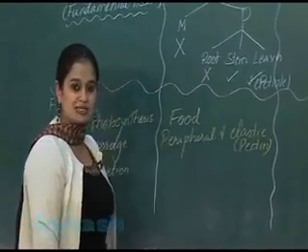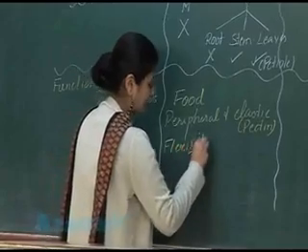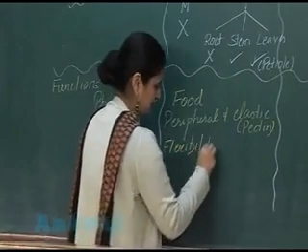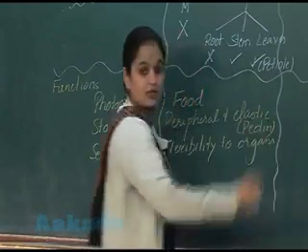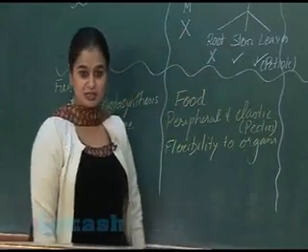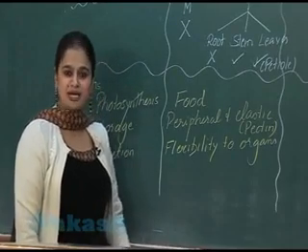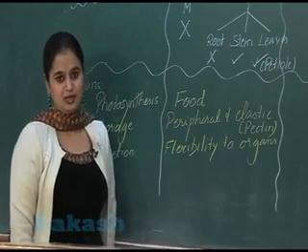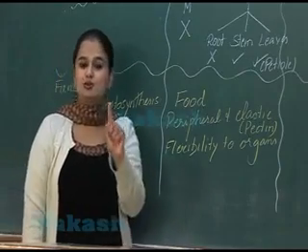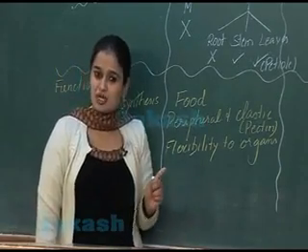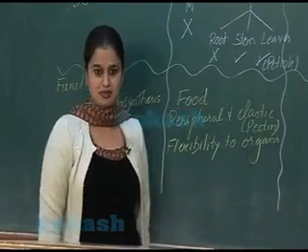Due to this elastic nature, it shows flexibility. Organs के अंदर flexibility आती है due to the presence of peripheral collenchyma. और इस flexibility की वजह से damage to the stem and leaves due to high wind velocity is prevented.